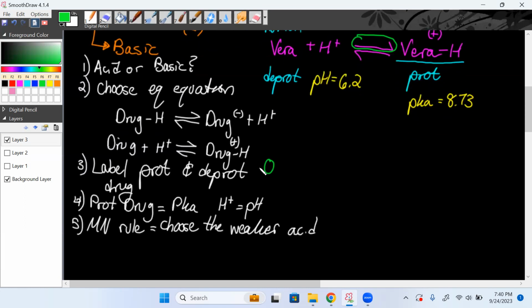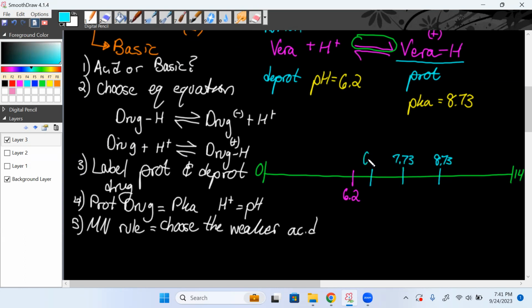From here, we can construct and plug in, okay, we have 8.73 and we have 6.2. And we know that we can have 3 steps of a drug to talk about.